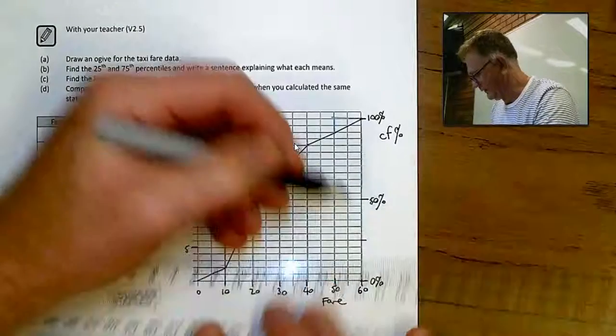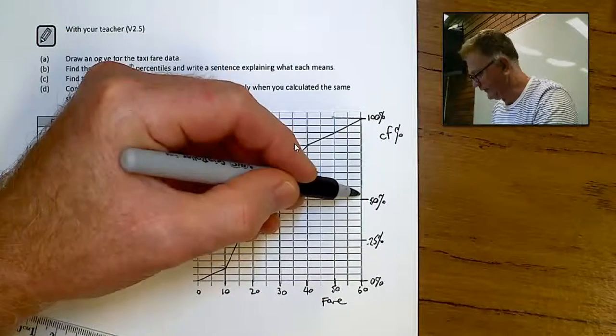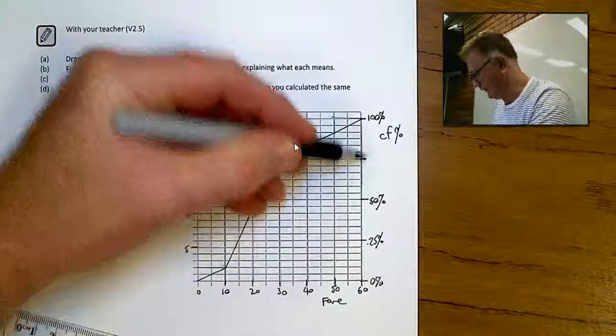That will divide that up into 25%, and then if I go up another 6 squares, 1, 2, 3, 4, 5, that will make me 75th percentile.